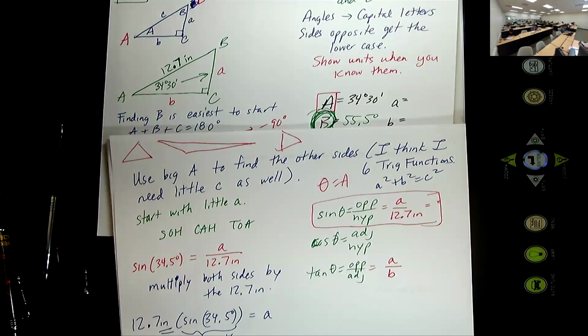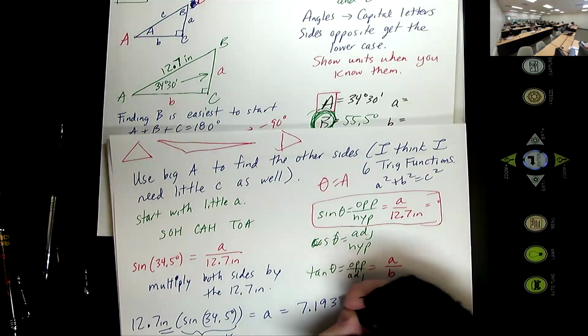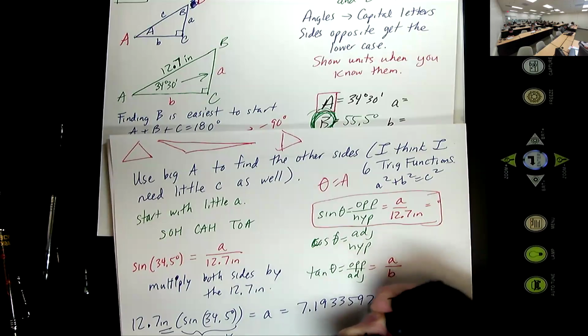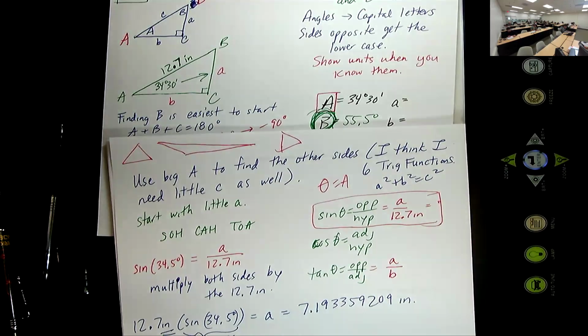I'm gonna write down all of the information and then we'll decide what we need to round to. How many digits should I end up with? 3.